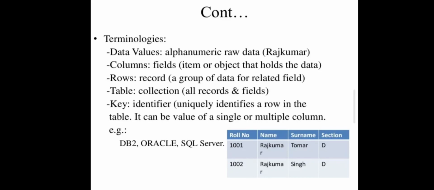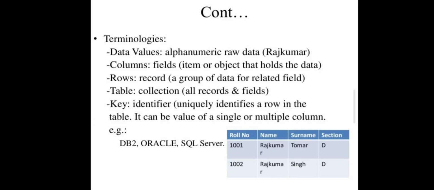Key identifiers uniquely identify a row in the table. It can be a value of a single or multiple columns. For example, DB2, Oracle, SQL Server. These are all examples of the relational database model. Clear?